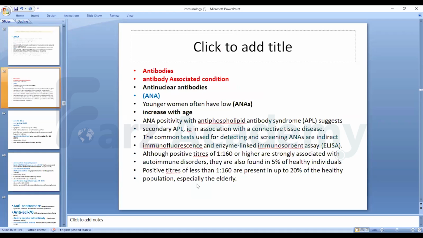The common tests for detecting and screening anti-nuclear antibodies are indirect immunofluorescence and enzyme-linked immunosorbent assay. Although positive titers of 1:160 or higher are strongly associated with autoimmune disorder, they are also found in 5% of healthy individuals. Positive titers of less than 1:160 are present in up to 20% of the healthy population, especially the elderly.